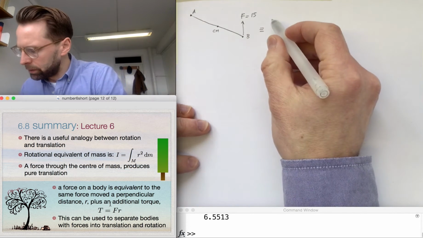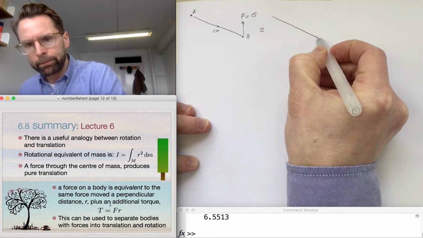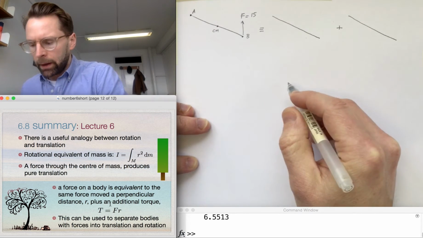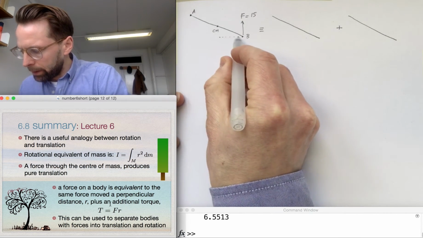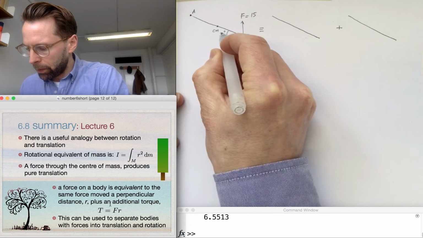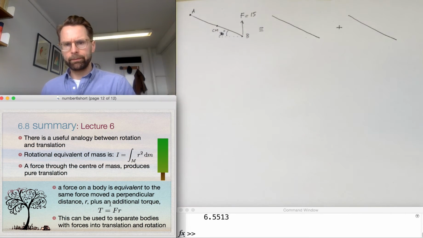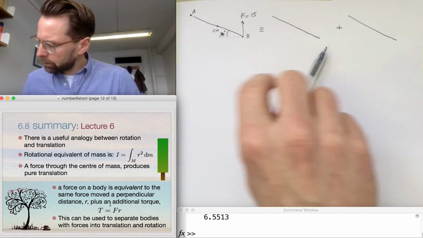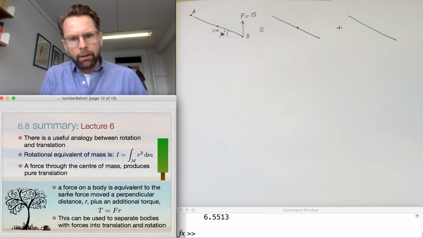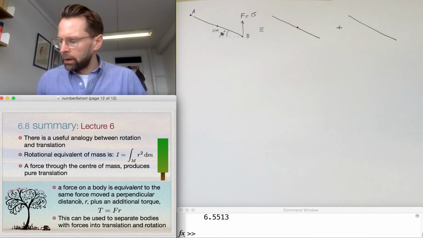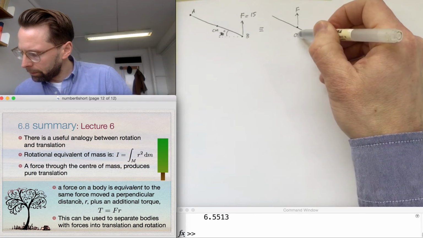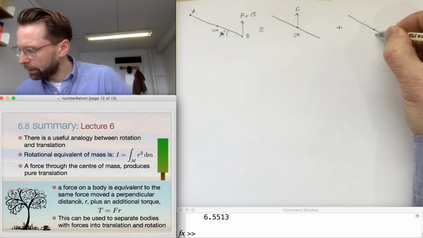So let me draw this again. Plus. And this is, by the way, 30 degrees to the horizontal. And so this is saying that this is equivalent to a force at the centre of mass, F, plus a torque.